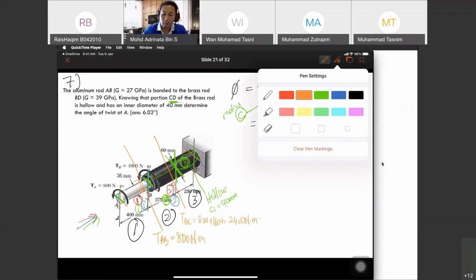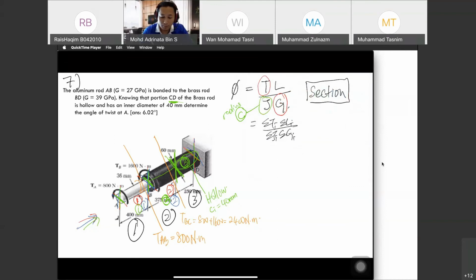One by one, kita ada shaft AB, TL over JG. So J is equals to pi over 2 C to the power of 4. C dia adalah diameter 36, C 0.018 to the power of 4 is equals to 164.9 times 10 to the power of negative 9.